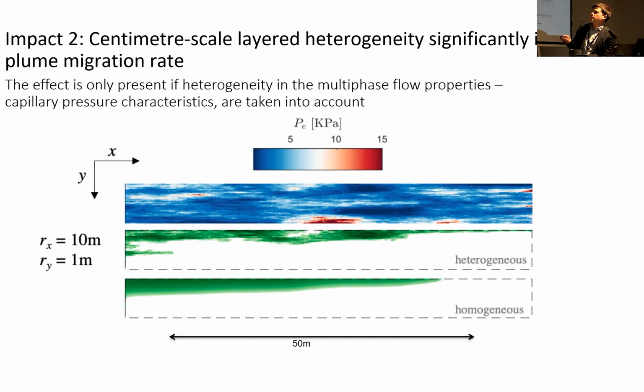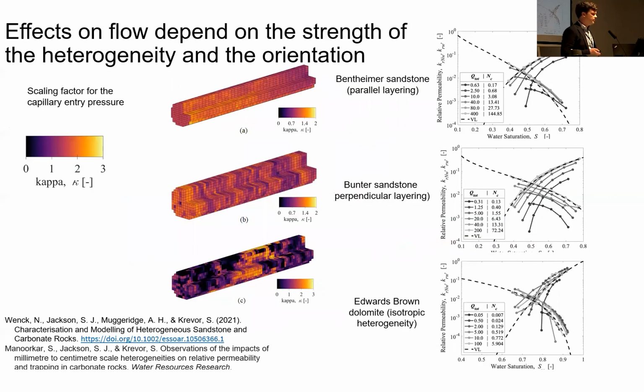What we're simulating here is flow of carbon dioxide from the left to the right. We're just showing the comparison between the system when we represent these heterogeneities to the more typical approach when they're not fully resolved. And as a result, the carbon dioxide can move through very thin layers and it can migrate very quickly. The exact enhancement depends very much on the properties of the rock.